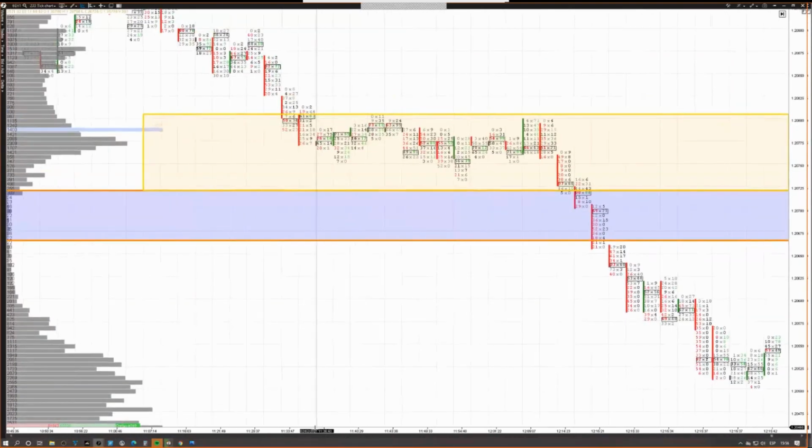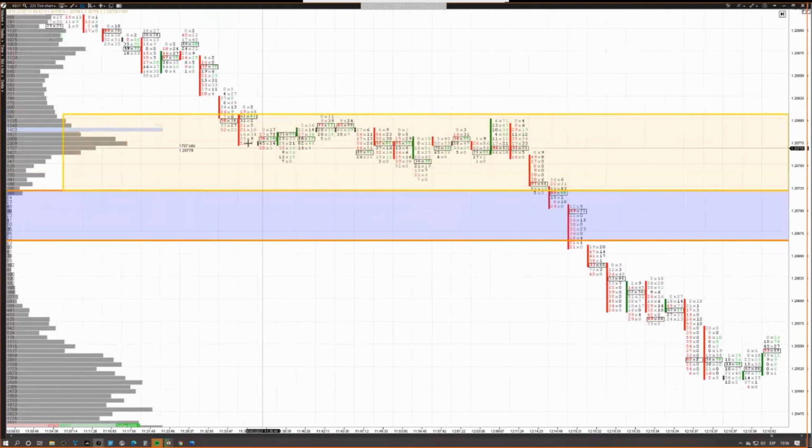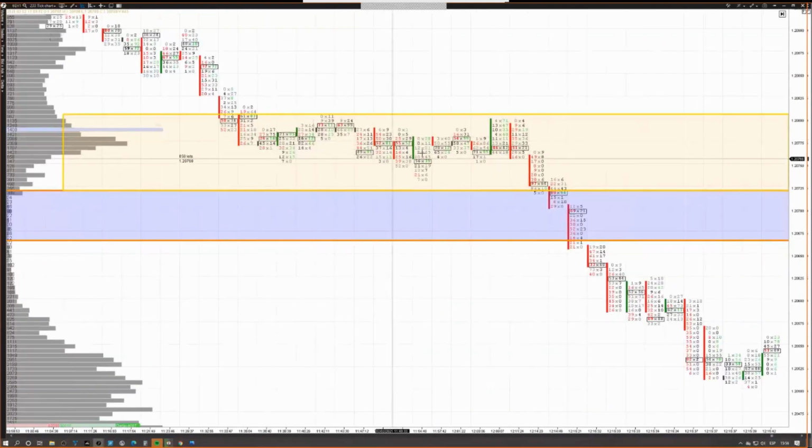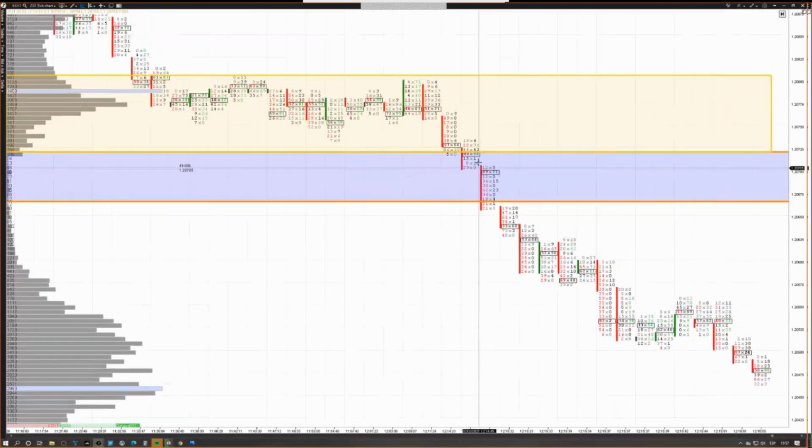So we can see exactly how many buyers and how many sellers there were here. We can see every trade in each candle, and we can see the high volumes, how they are lined up pretty much in this area.